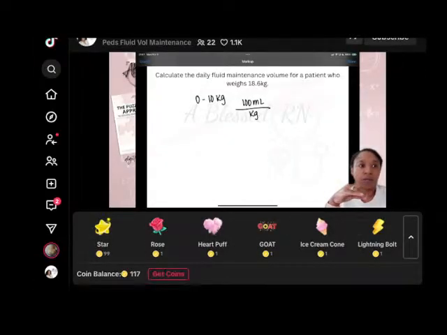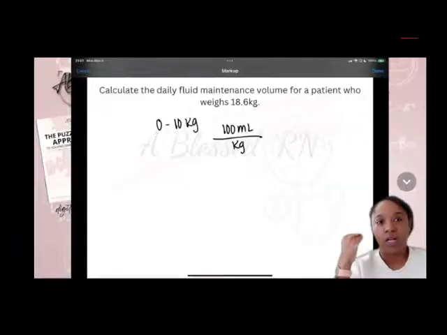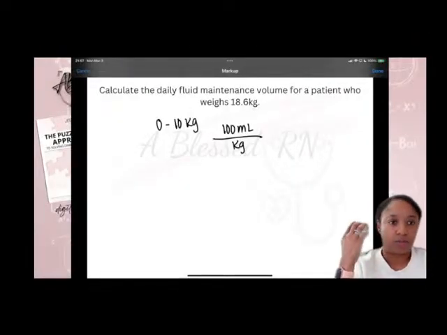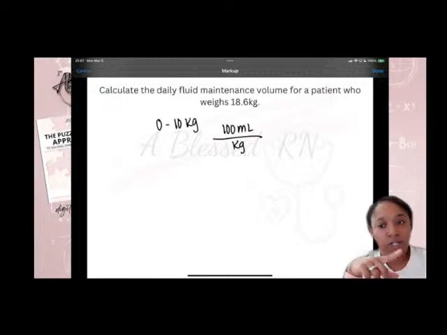So if you're giving them IV, this is how much would keep their volume in the vascular space adequate so they won't be dehydrated, okay? So they'll get 100 milliliters per kilogram.